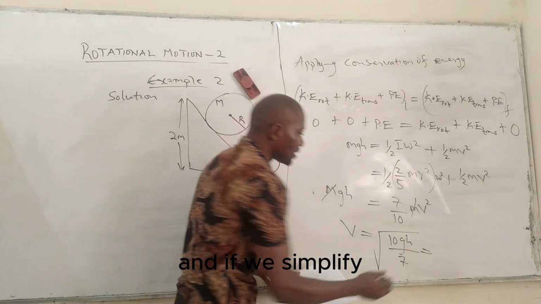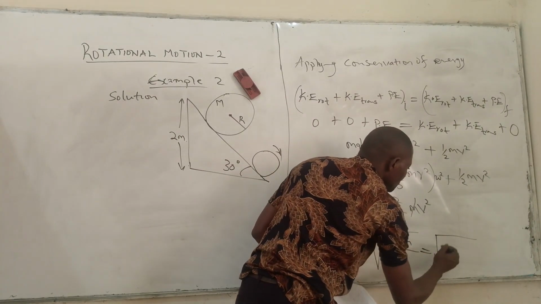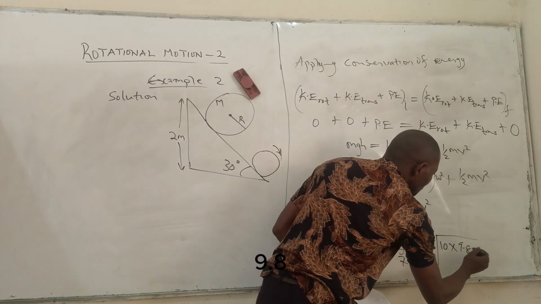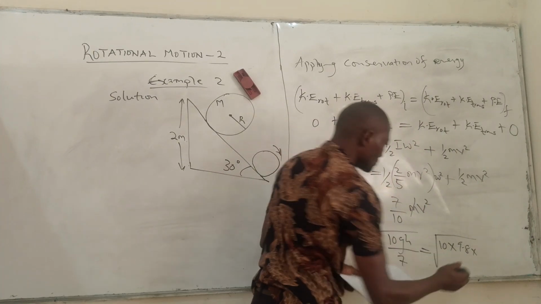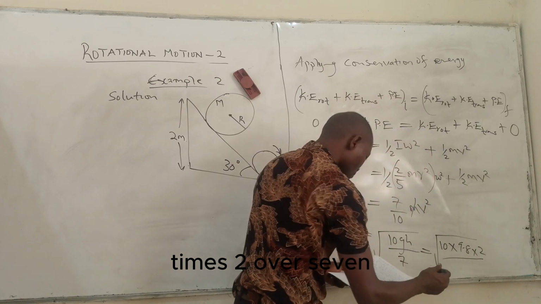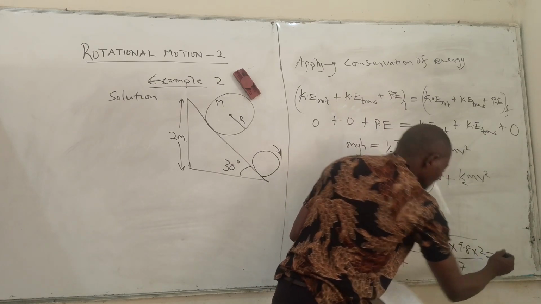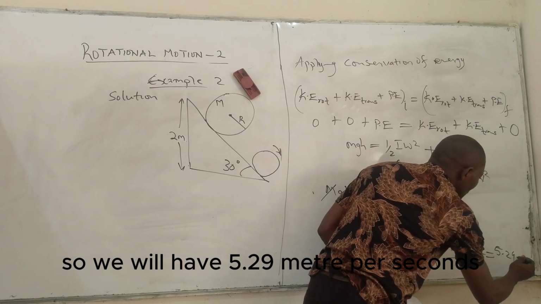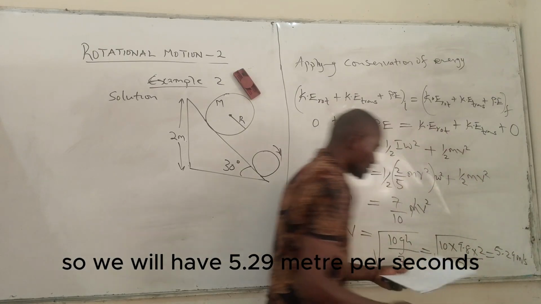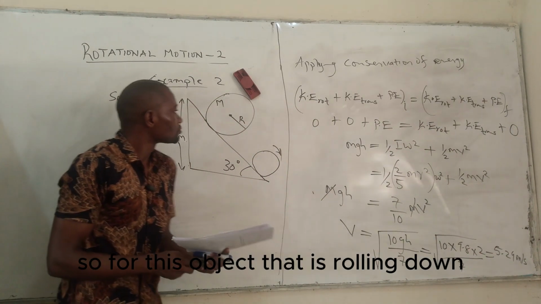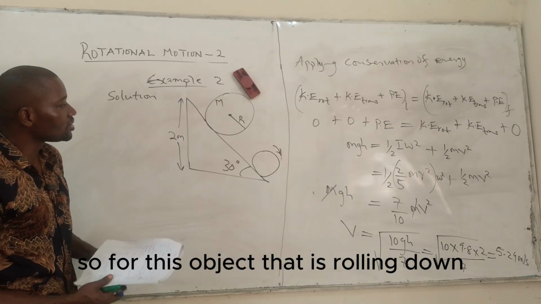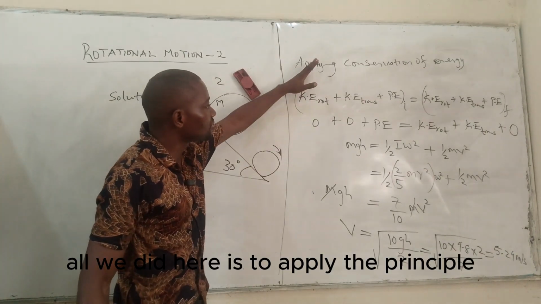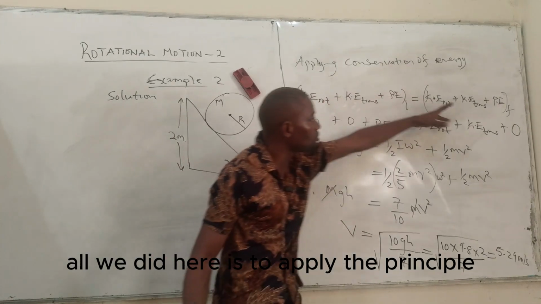And if we simplify, 10 times 9.8 times 2 over 7, we will have 5.29 meter per second. So for this object that is rolling down, all we did here is to apply the principle.